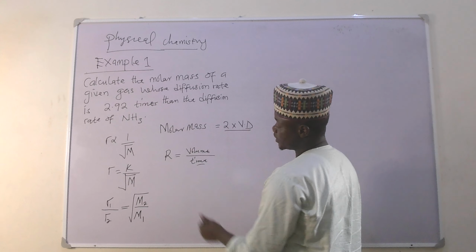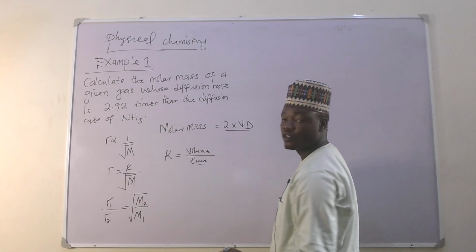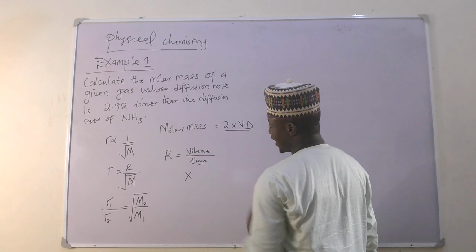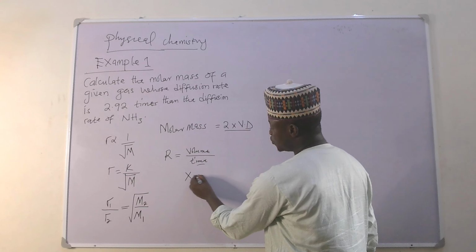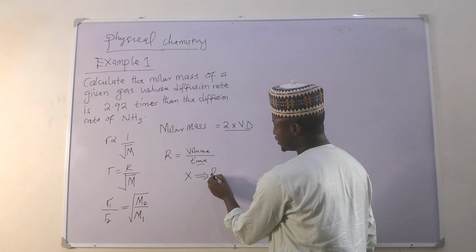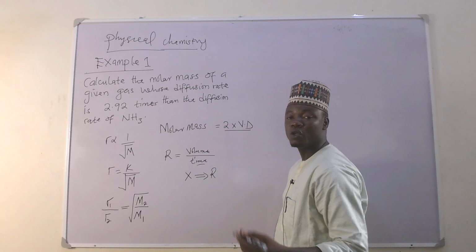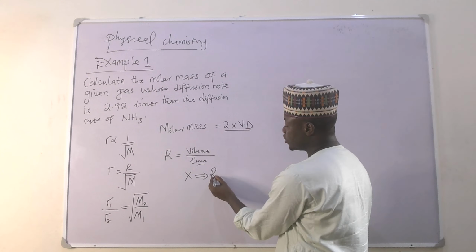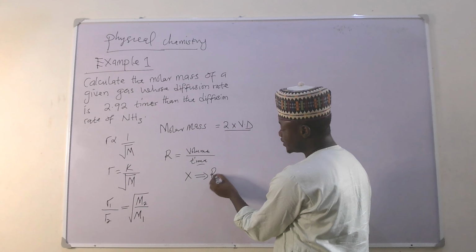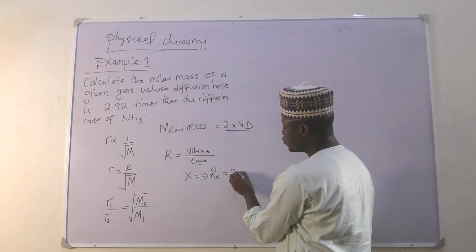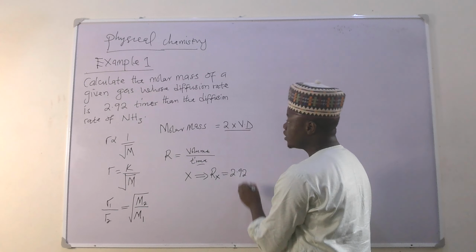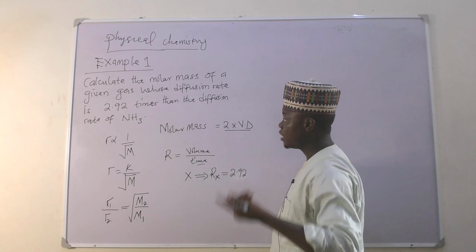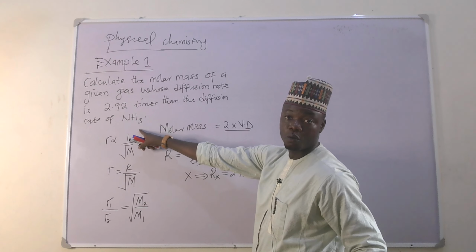We don't know the first gas because it is just stated as a gas, so let's assume the gas to be X. Let me use capital R as the rate of diffusion. So the rate of diffusion of gas X is 2.92 times the rate of diffusion of ammonia.